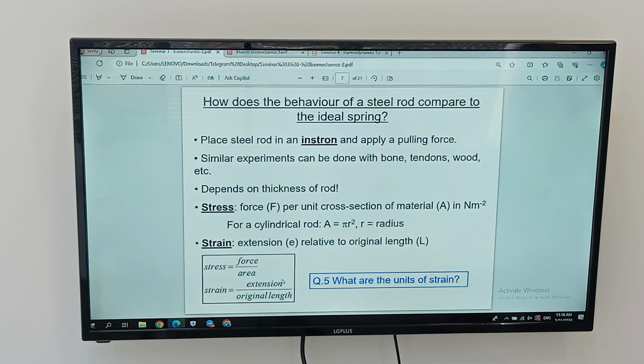So if the extension has the unit of centimeters, and the original length has centimeters, then the units cancel each other out and the strain remains unitless. The strain doesn't have any units.